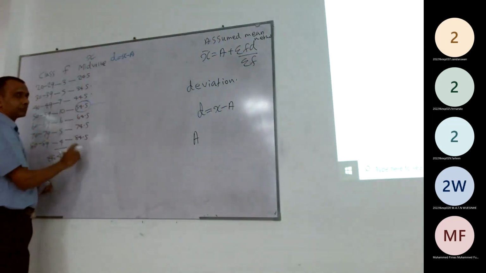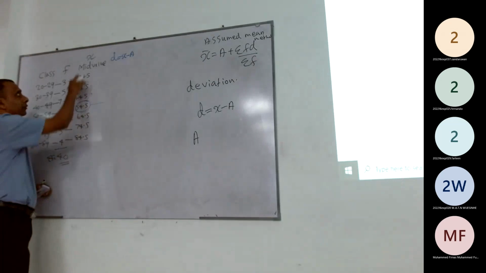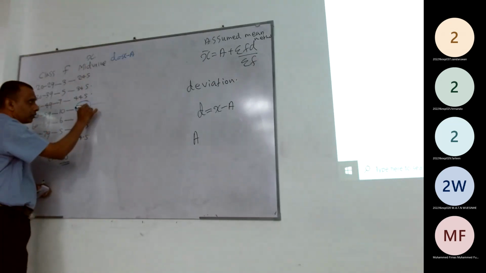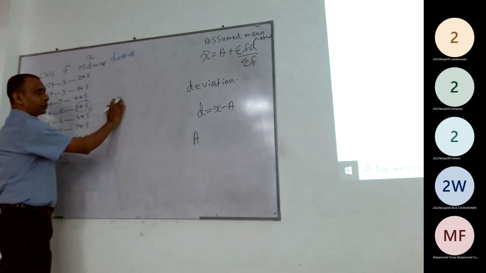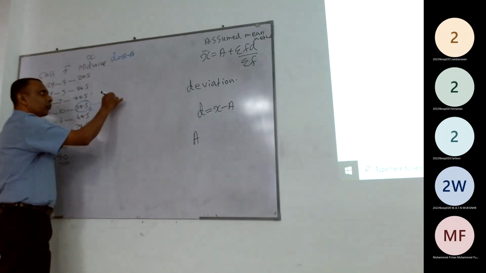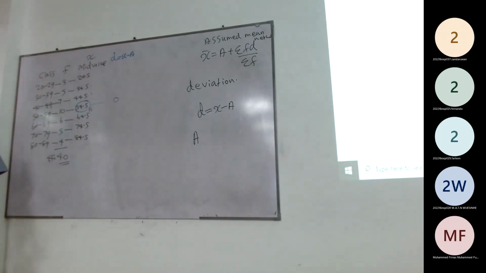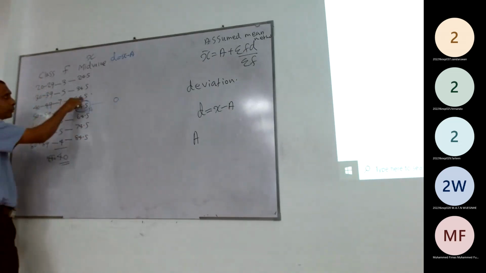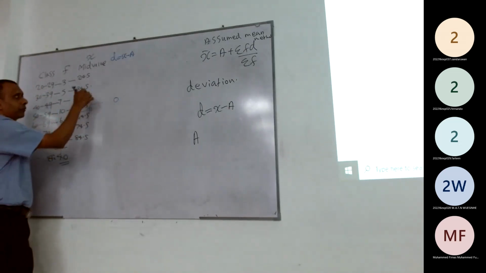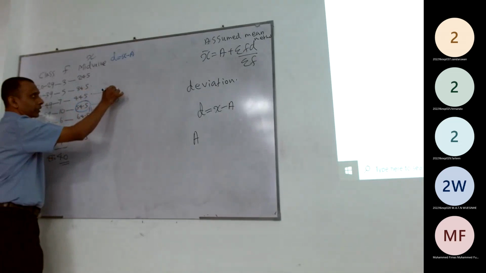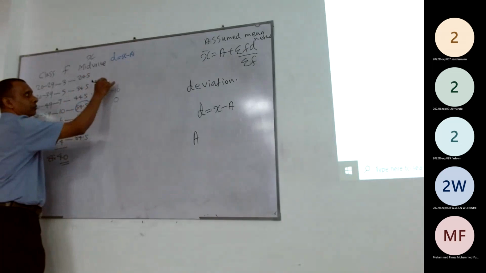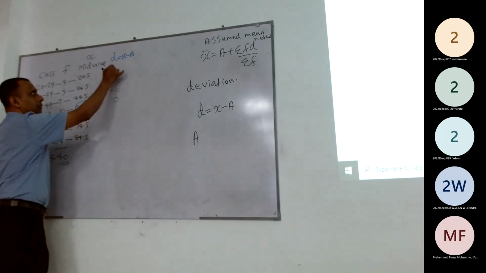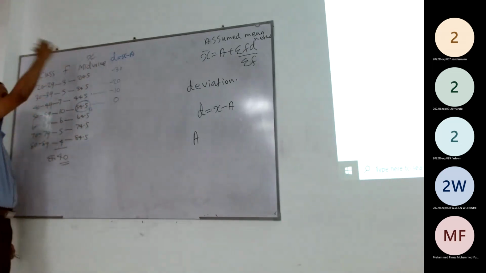Start from this one: x is 54.5, A also 54.5. Then 54.5 minus 54.5 becomes 0. Then 44.5 minus 54.5 becomes minus 10. 34.5 minus 54.5 is minus 20. Then minus 30 for the next class.